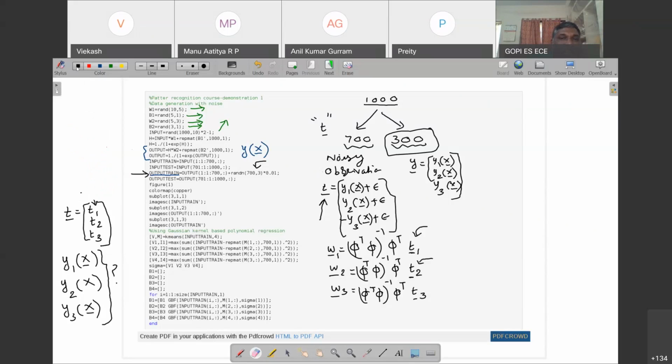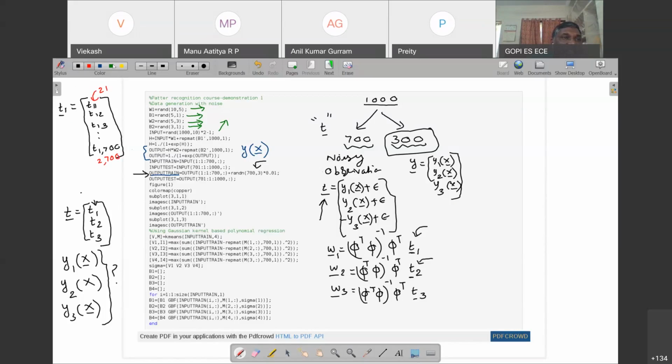This T1 is actually having 700 observations, like T11, T12, the first, and then it goes like this up to T1 700. So it is like this, 700 elements. Similarly, for T2, you can imagine T21 and so on up to T2 700.